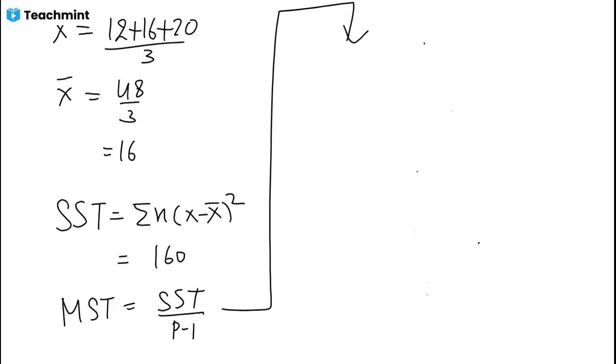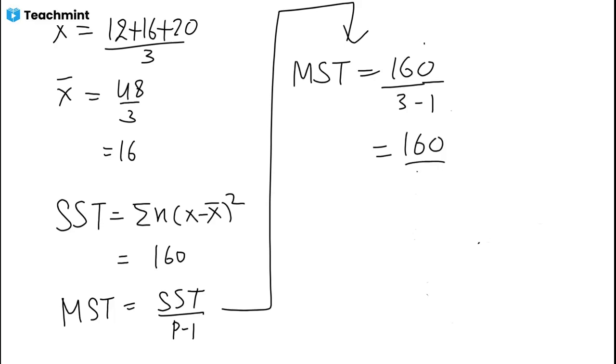So MST is 160 over 3 minus 1. So 160 by 2 is equal to 80. This is MST, mean square total.